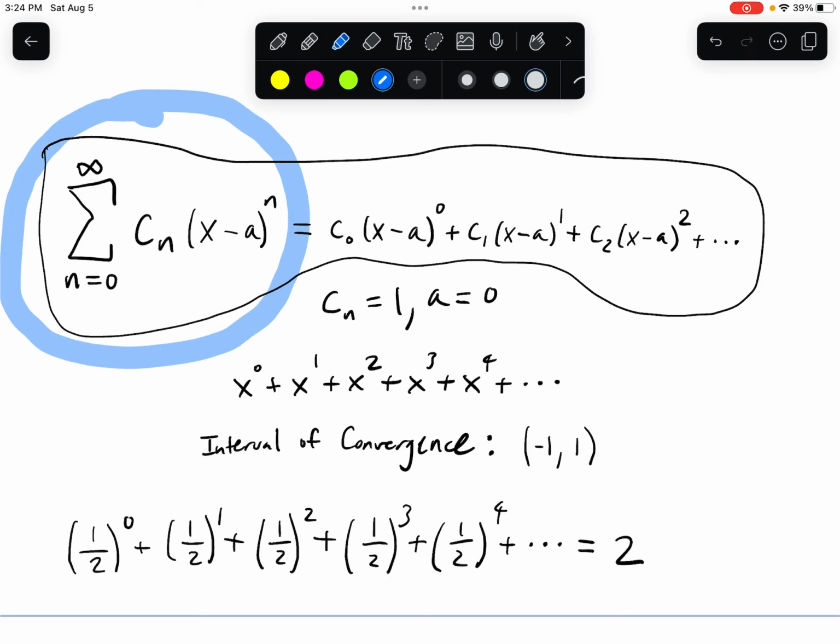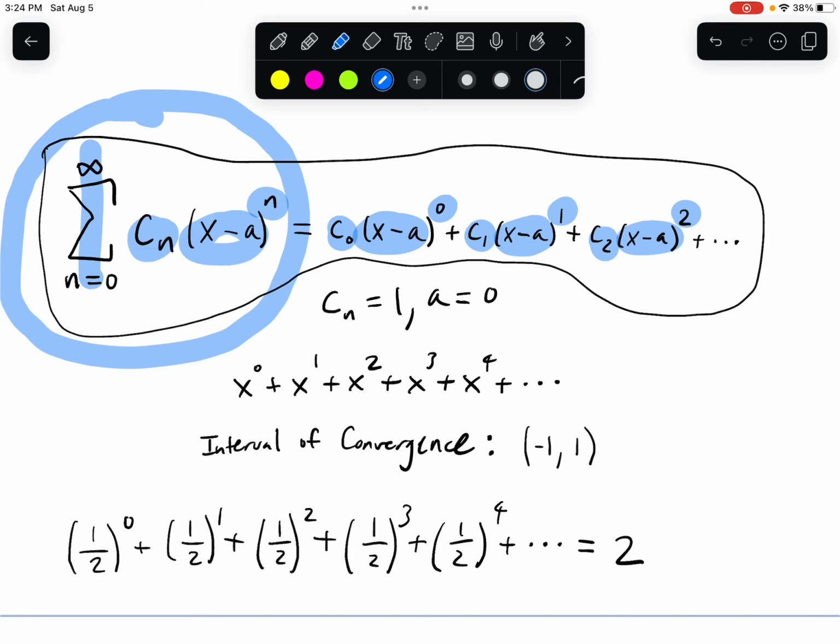Now, it is a series, meaning it's a summation of infinite terms, and each of these terms has a constant and a variable subtracted by a constant raised to some power that's increasing due to the summation. When we expand this out, we get a constant, and we get a variable subtracted by a constant, and we get increasing powers.